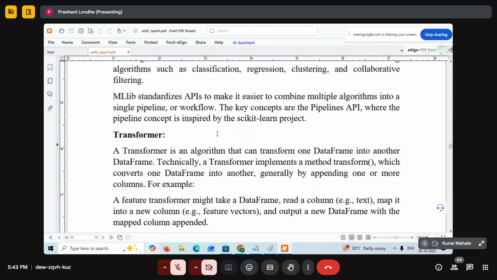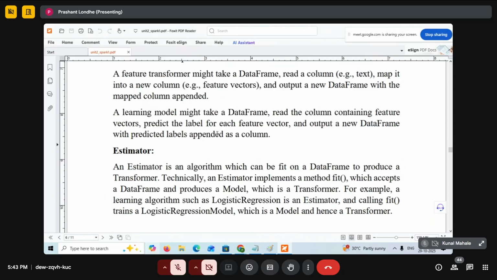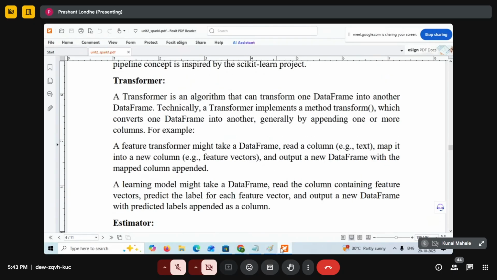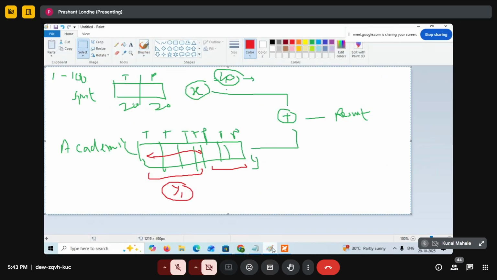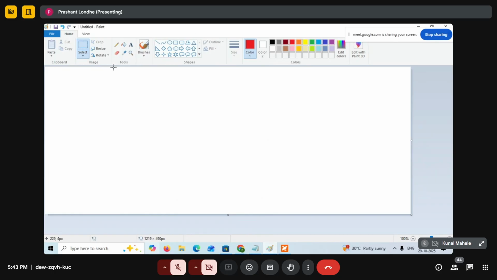One is called the transformer, and the second one is called the estimator. For example, what is the meaning? In machine learning, we are trying to relate the input with the output.